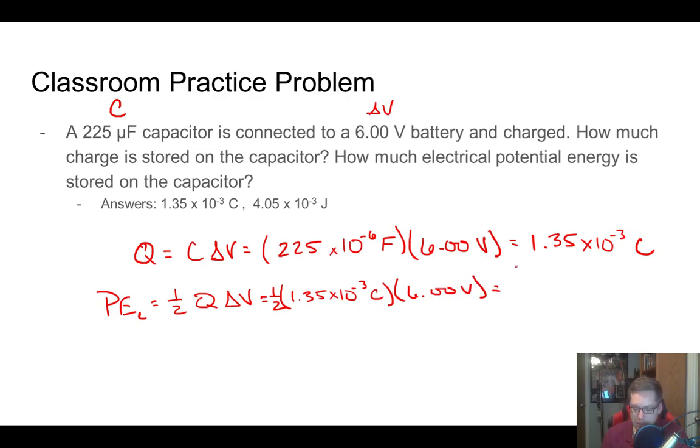So we take our answer times 6 divided by 2, and we get 4.05 times 10 to the minus 3, and since it's energy, it's joules. All right, so that's that.